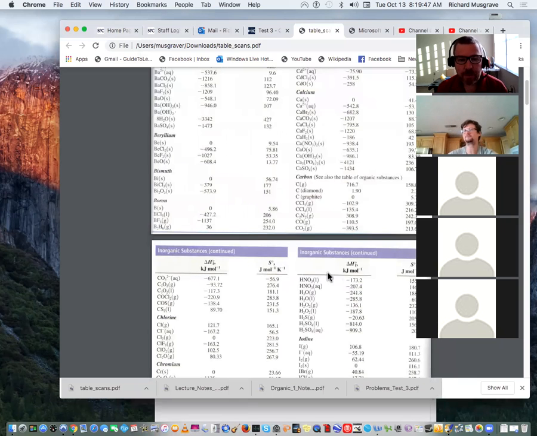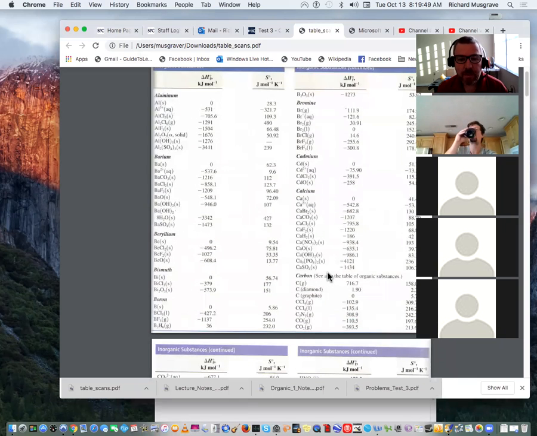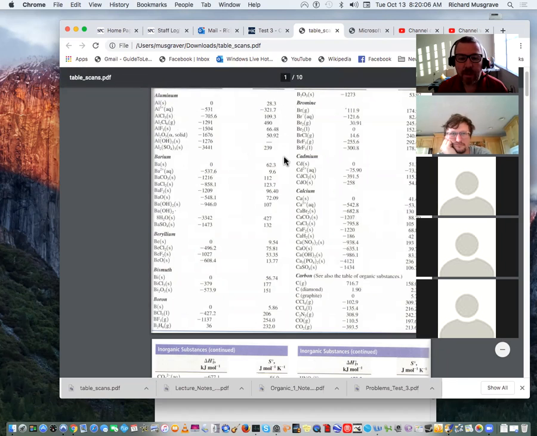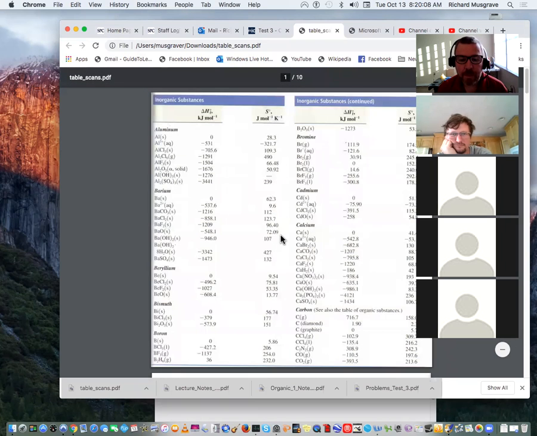You'll also notice in the same table, we've got the S naught values. So these are the entropies of the individual substances. You'll notice that for elements in a natural state, they're not zero. The other thing you'll notice is that unless we're looking at ions, and ions are a special case here, the entropies do tend to be mostly positive.